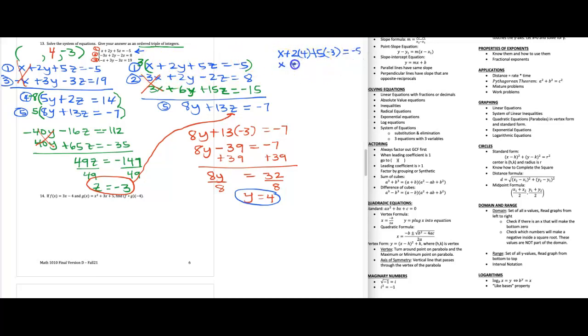X plus 8 minus 15 equals negative 5. X minus 7 equals negative 5. Let's add the 7 over. So x equals 2. And that will be my last one there. So 2, 4, negative 3 is my answer right there.